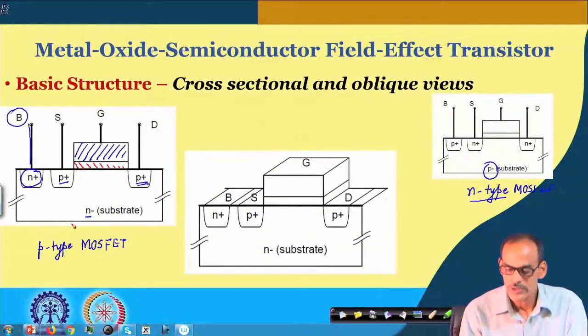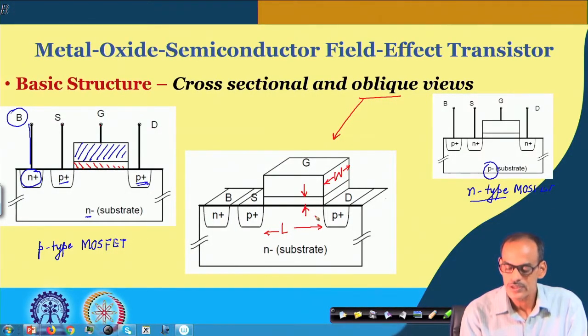The oblique view, on the other hand, is shown here, where this is the width of the gate, or I should say channel, and this is the length of the channel. They are the important parameters that define the behavior, rather the performance, of the circuit.